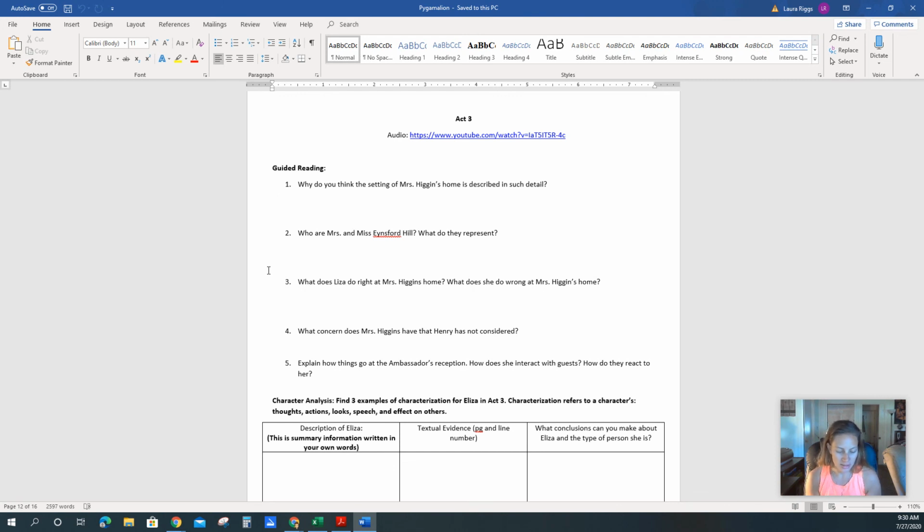So there's a lot of talk about art and certain people who painted, especially when you are looking at Mrs. Higgins's home. She has a lot of art from different artists, and they are explained here in the back. So make sure you're using all your resources as you continue to work through this text.